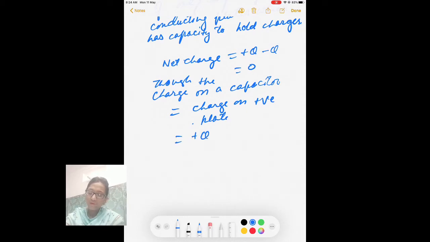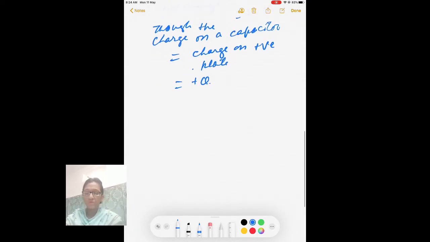And this is equal to plus Q. Now, you know that if you have a plus Q charge, it will be creating certain potential V. And you will find that the potential will be equal to KQ upon R. So what happens if you increase the charge twice?